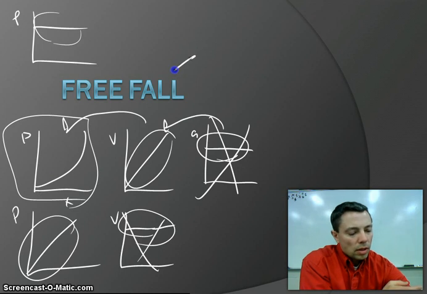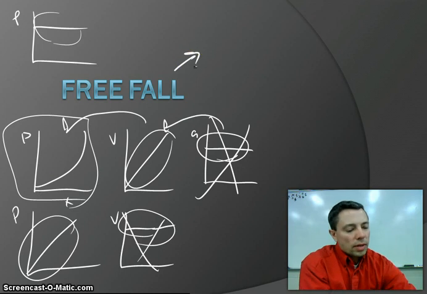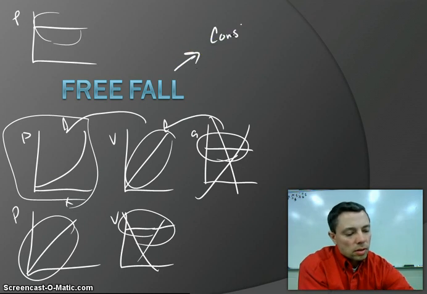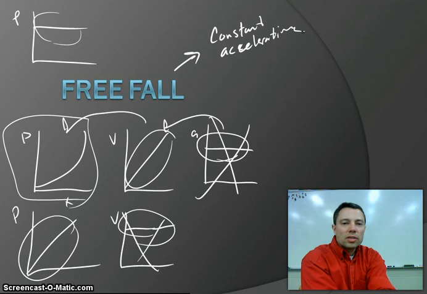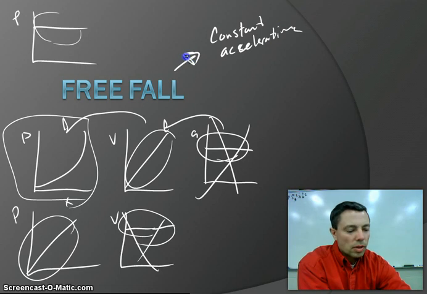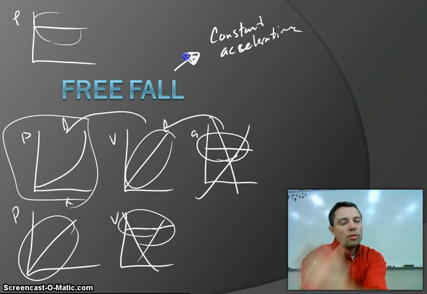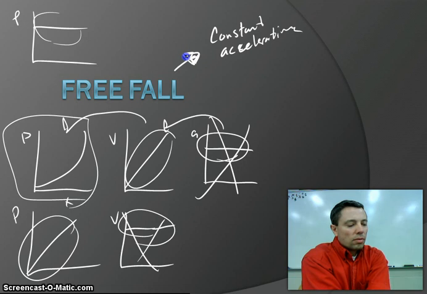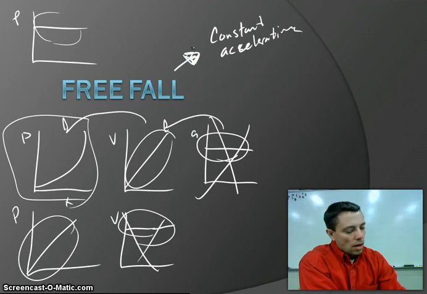Now, free fall is really when we have constant acceleration. And it's constant acceleration because of Earth. So again, we fall because there's gravity involved. In other words, we're now getting into the whole concept of gravity.